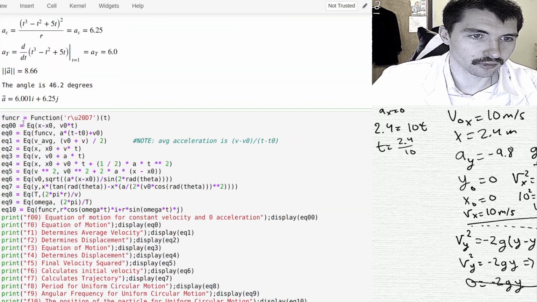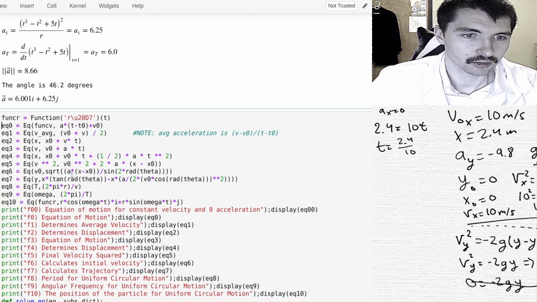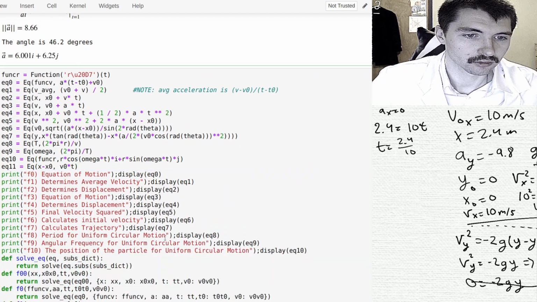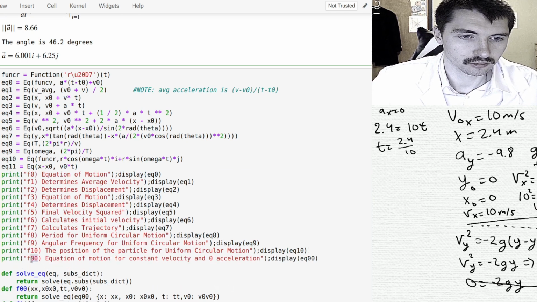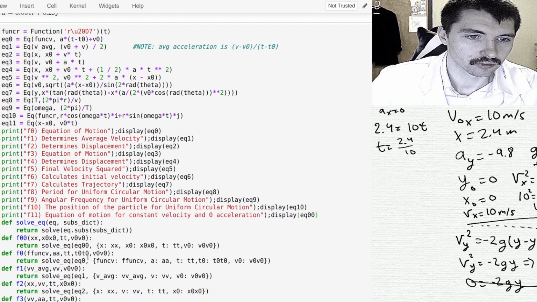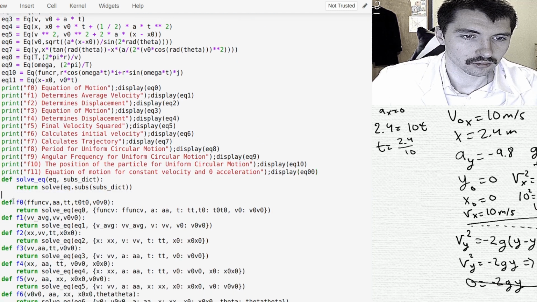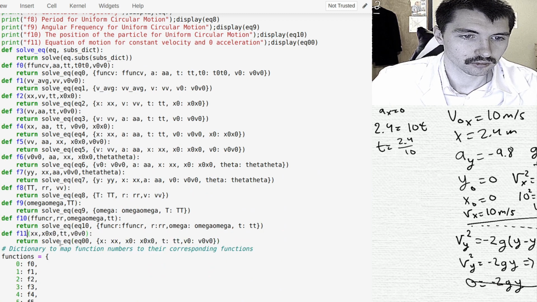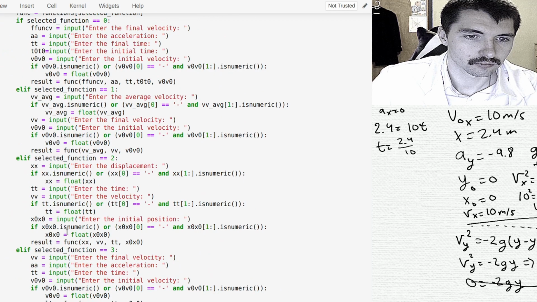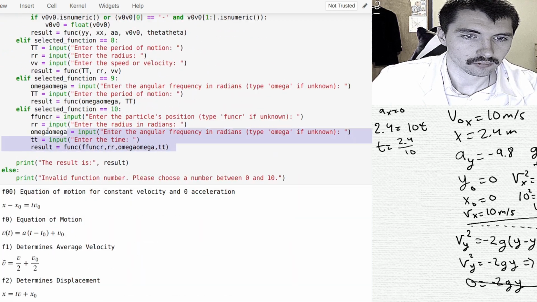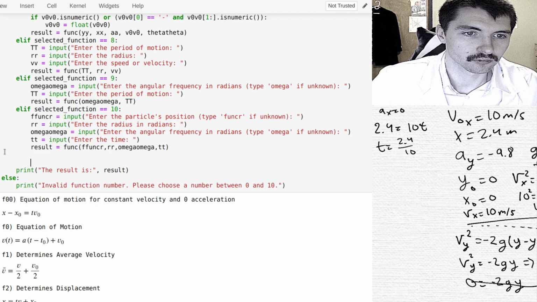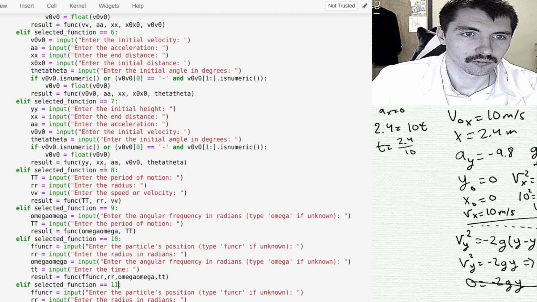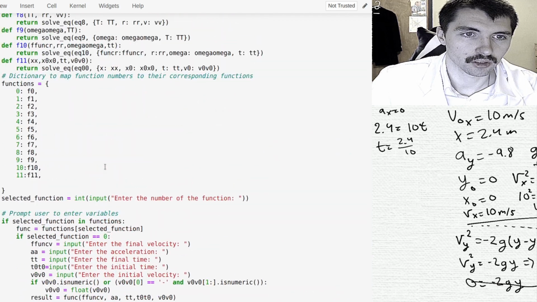Okay, so I guess we're making this F11, equation 11. Find x.